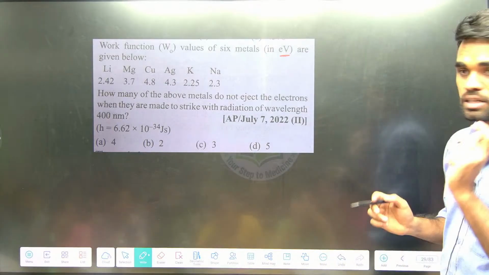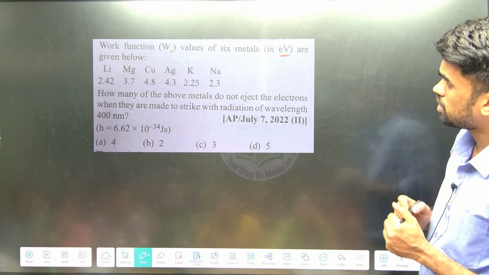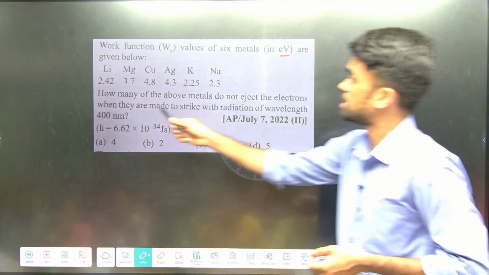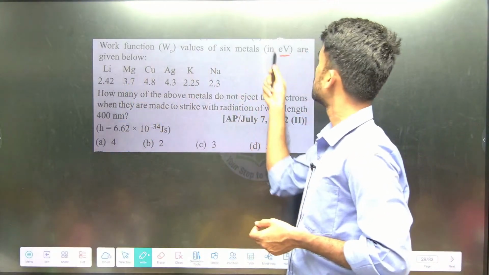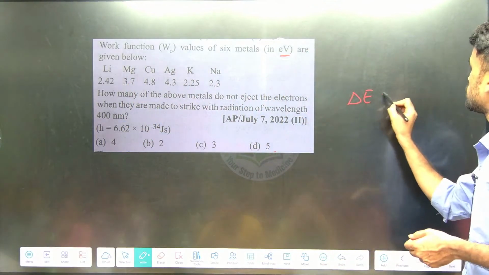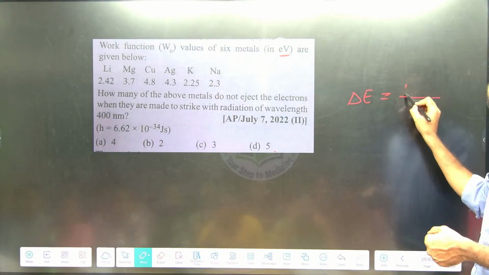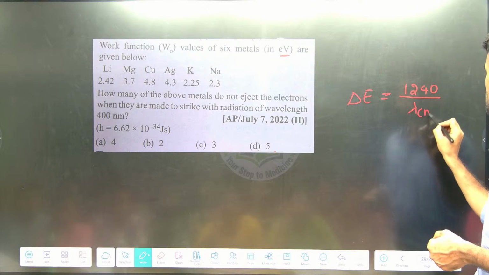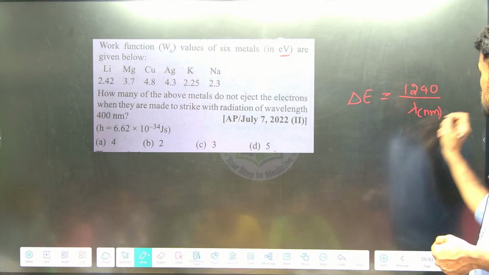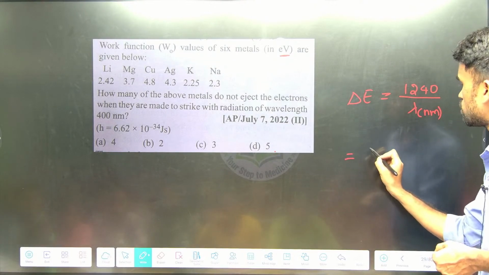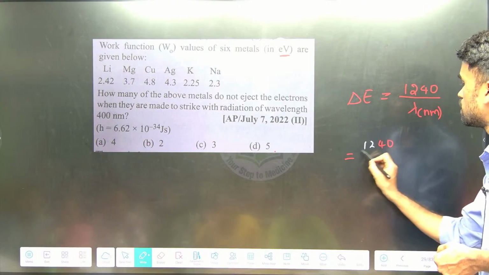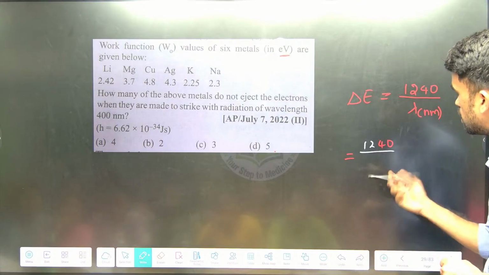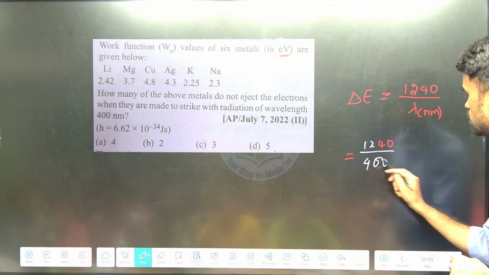When they are asking about the energy in terms of electron volt, you just use energy equals 1240 by lambda in nanometers. So what is the answer you are going to get? 1240 by 400 nanometers.